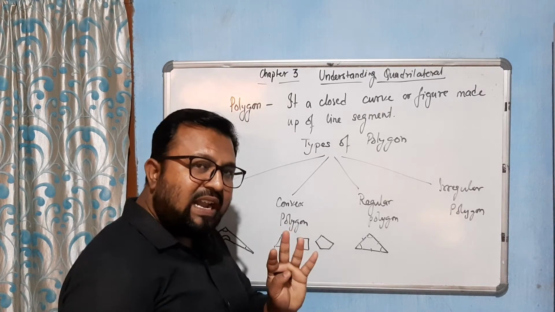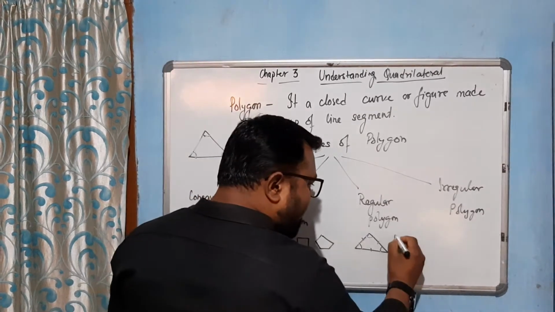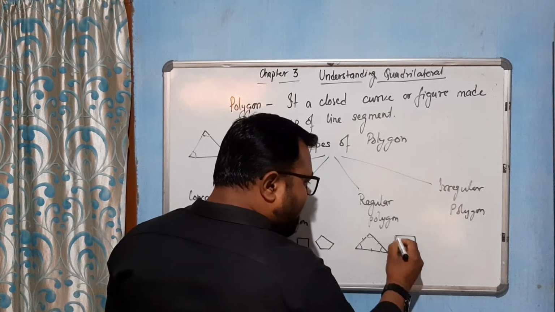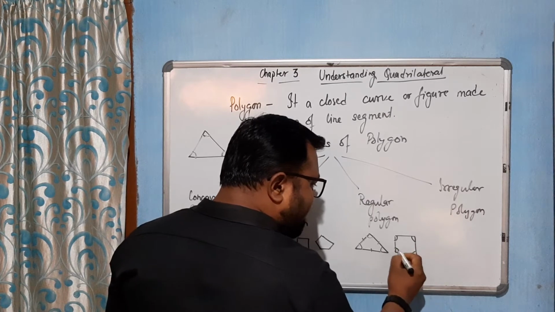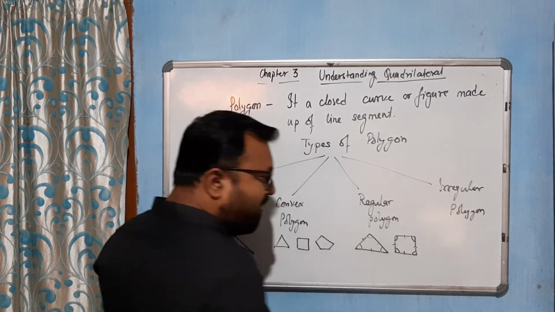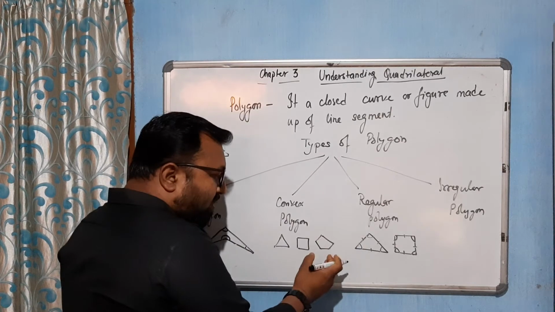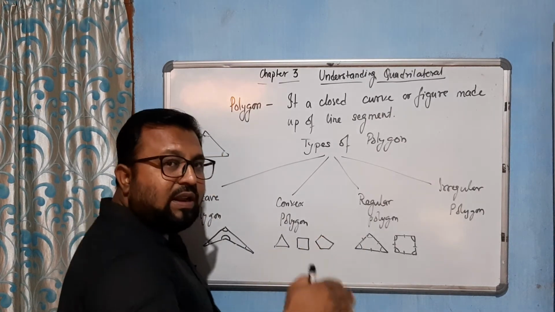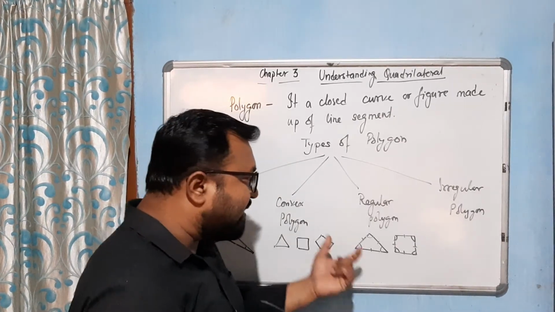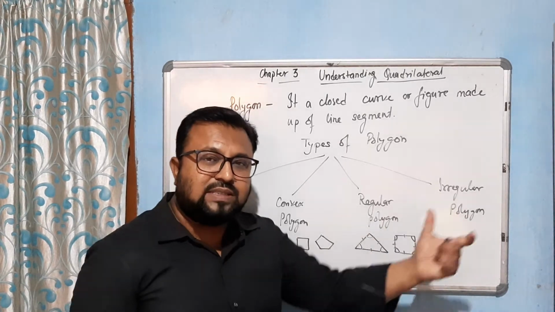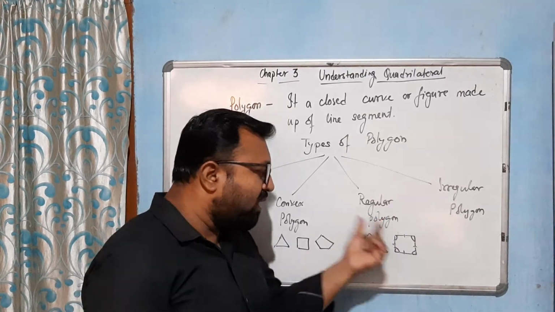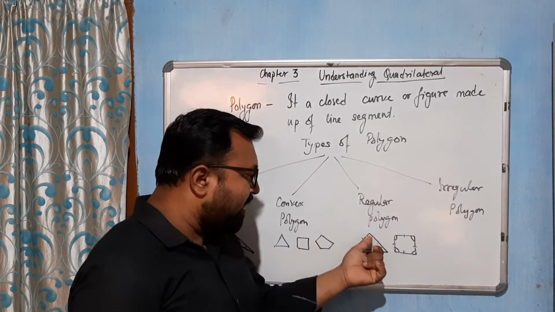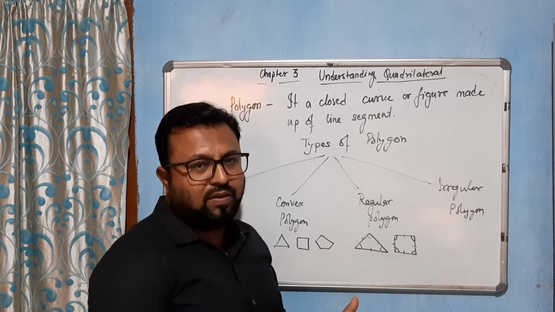For a four-sided figure, it should be a square. For 5 sides, we use the word regular pentagon. For 6 sides, regular hexagon. A regular polygon means all angles as well as sides should be equal.